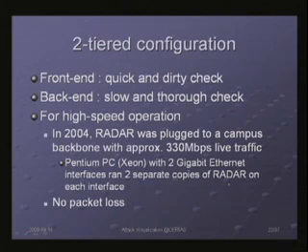Okay, so on the front end, time is the prime objective. You have a very tight time budget. So what you want to do is a quick and dirty check. You might arrest a legitimate packet from time to time, but you don't want to thoroughly check if a packet constitutes an attack.